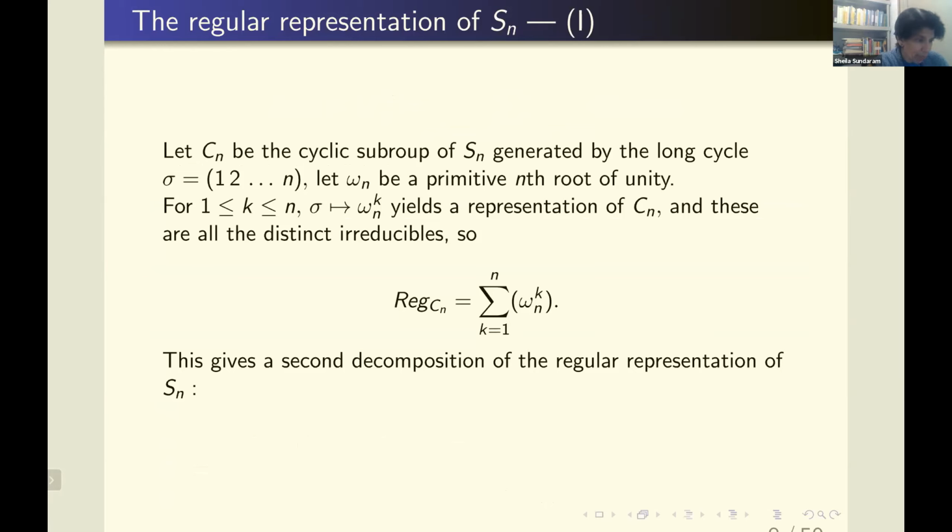Right? So if I write the regular representation, these are all linear characters. So the regular representation you can write as just the sum of these n characters. But whenever you do something like that, actually with any subgroup, you immediately get a decomposition of the regular representation of the big group.